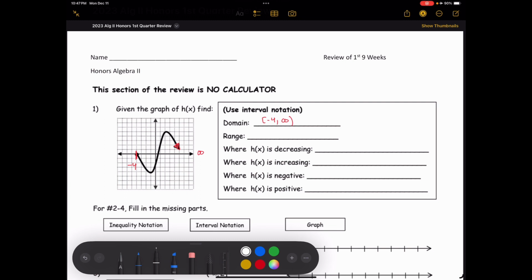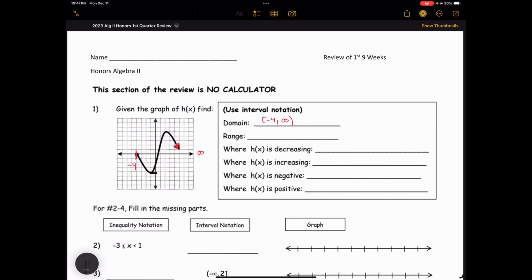The range is the y values. So the range is going to start from, we'll call this also -4, and it goes up to 5.